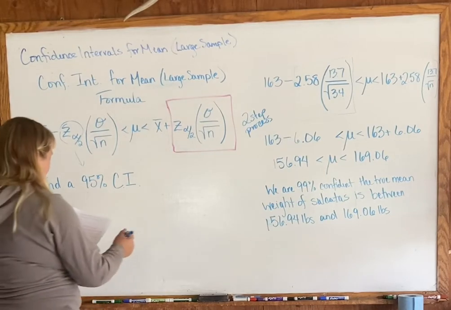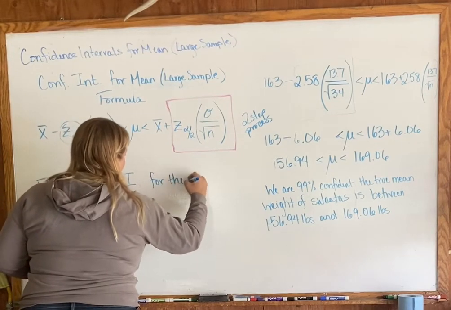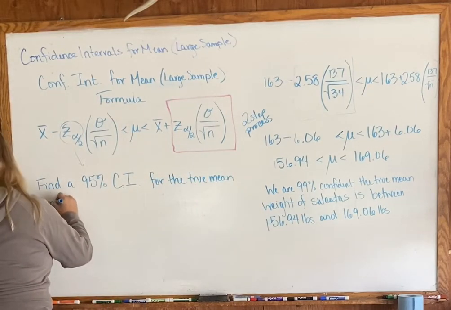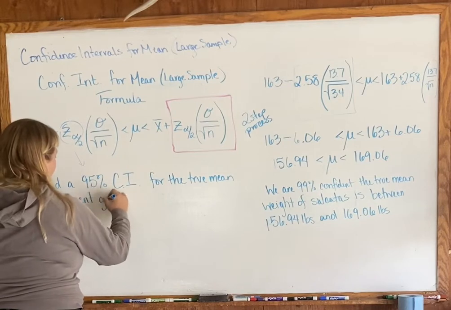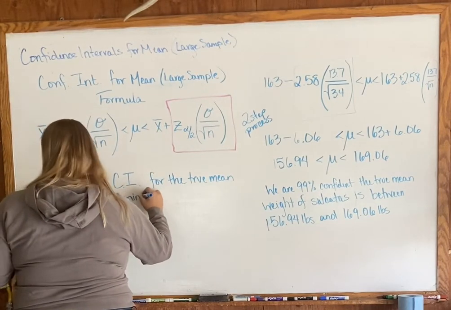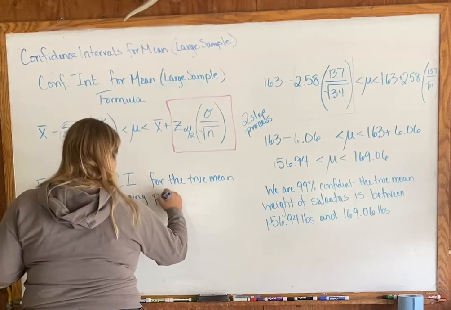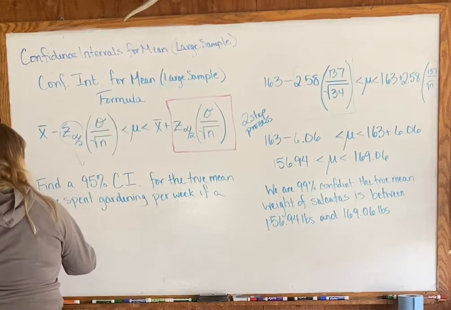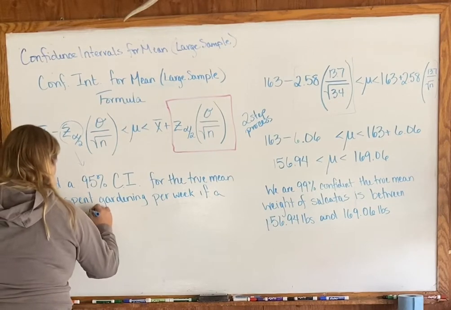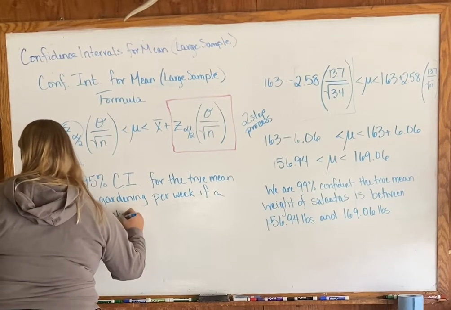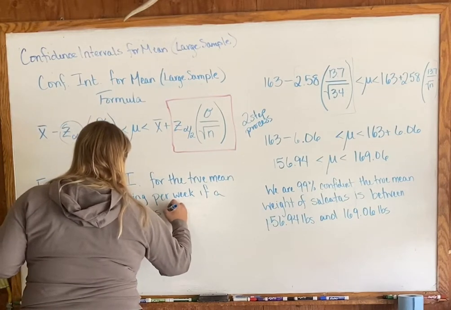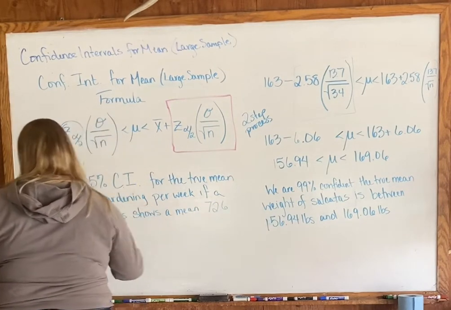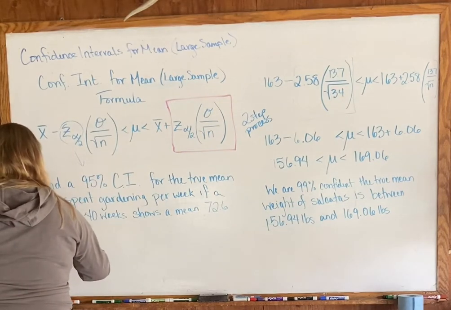So find a 95% confidence interval for the true mean time spent gardening per week if a sample of 40 weeks shows a mean of 72.6 minutes gardening.